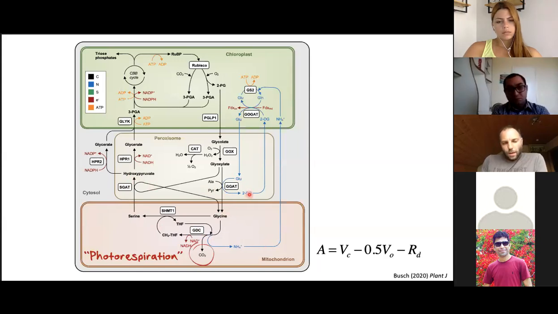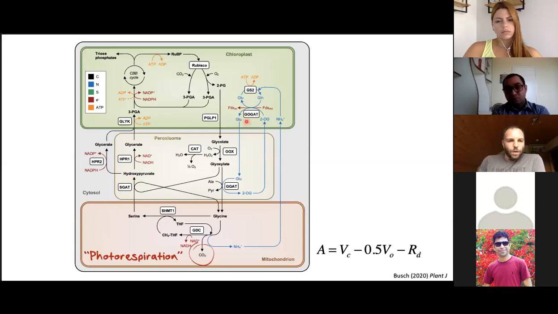So there's this nitrogen pathway that supports this conversion from glyoxylate to amino acids and then back to hydroxypyruvate. So there's a tight link between photorespiration and nitrogen assimilation, or nitrogen metabolism, let's say.